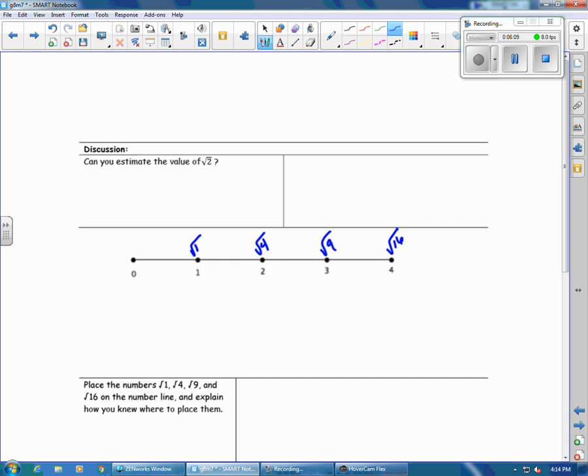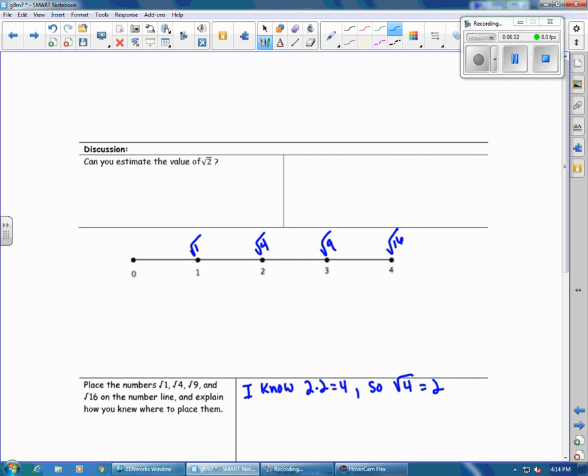I know 2 times 2 is 4, so the square root of 4 is 2. And I can write that. And so on.